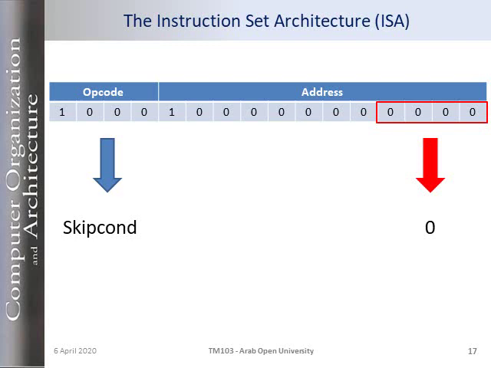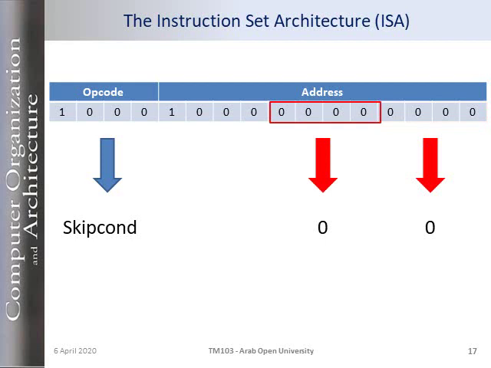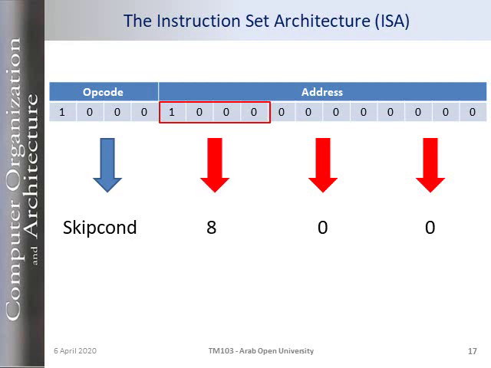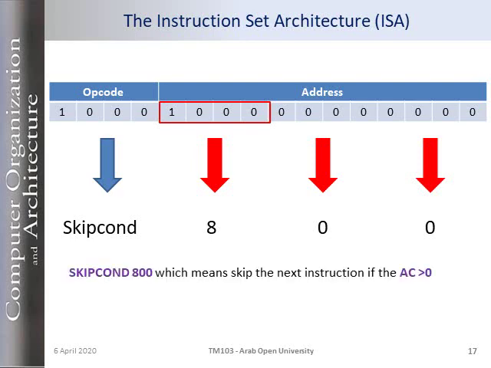So 4 zeros are equivalent to 0. Next 4 zeros are also equivalent to 0. And the last 4 bits are equivalent to 8. So we have the instruction skip condition 800.